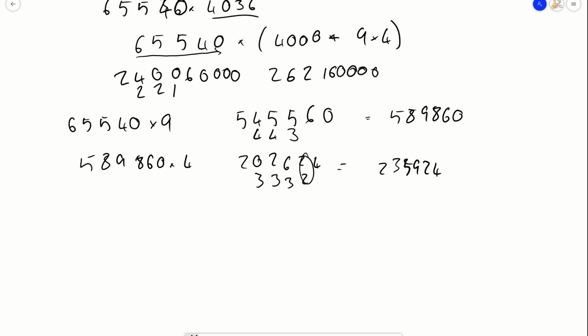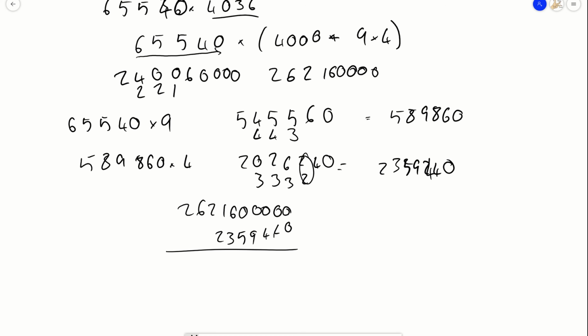Oops, made a mistake there, so that's 4, and don't forget the 0. So 2 6 2 1 6 0 0 0 0 0, and 0 4 4 9 5 3 2. Add those two together and we get 2.64 carry 1 5 1.